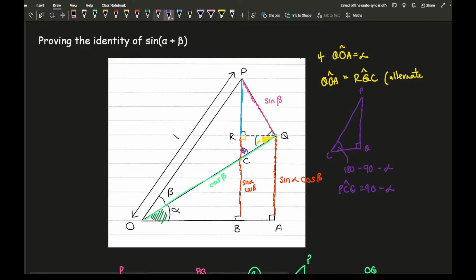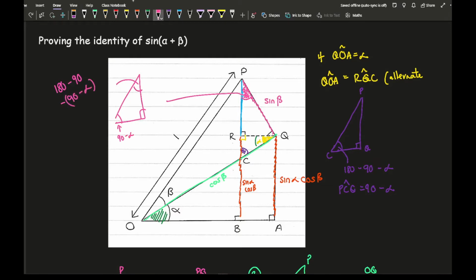From that, I can then work out what this angle here is. Treating it as a right angle triangle, if this angle is 90 minus alpha, then the angle I'm looking for is 180 minus 90, which is the right angle, minus 90 minus alpha. And simplifying all of that just leaves me with alpha, so this angle here is going to be alpha.